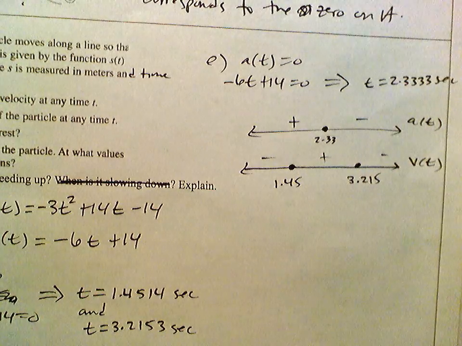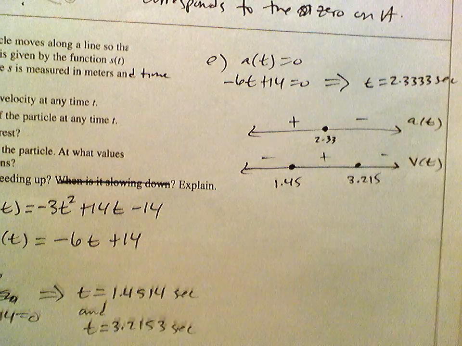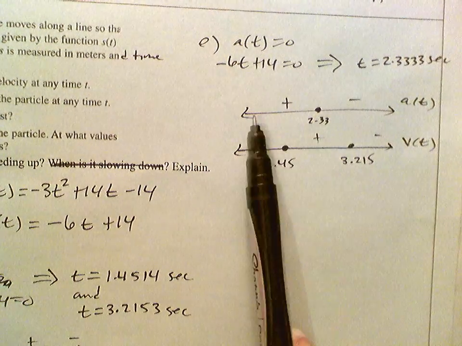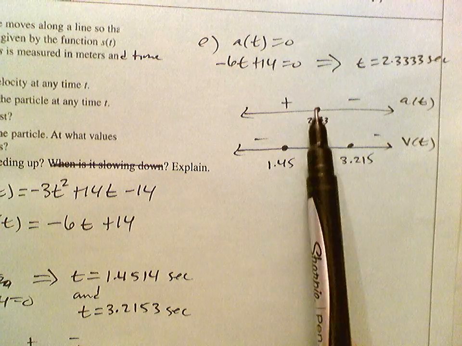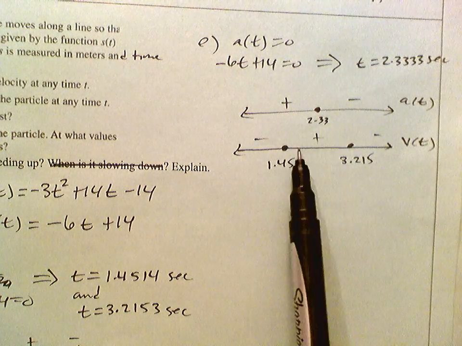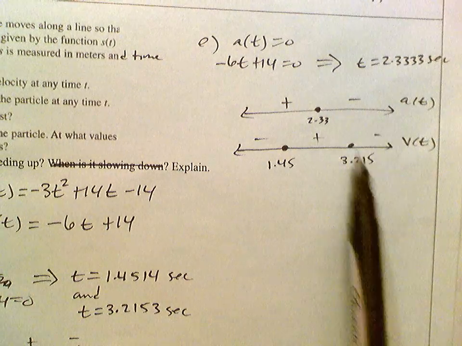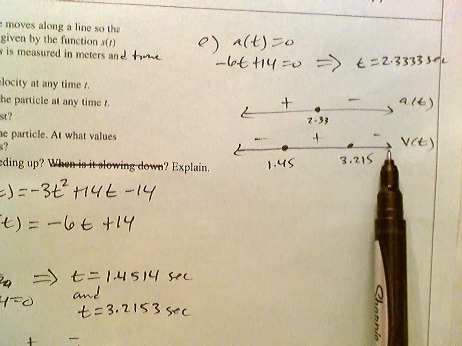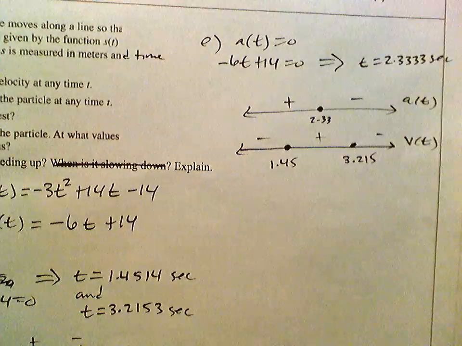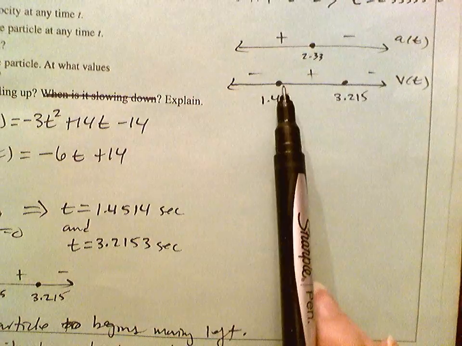And I'm looking for where velocity and acceleration have the same sign. Well, this positive acceleration interval is overlapping with this positive velocity interval. And this negative acceleration interval overlaps with this negative velocity interval.